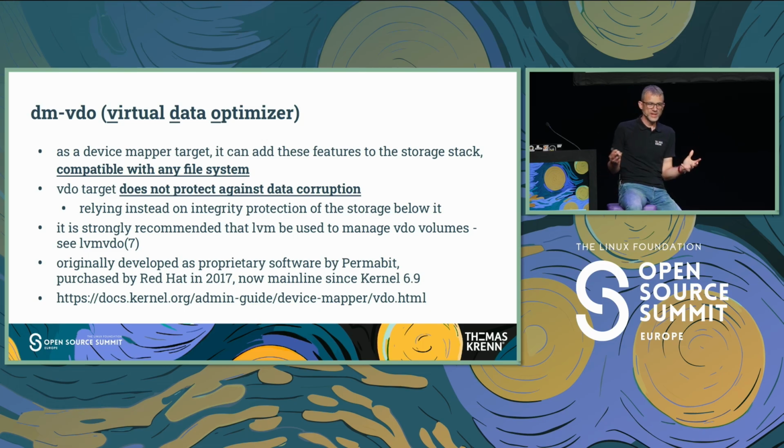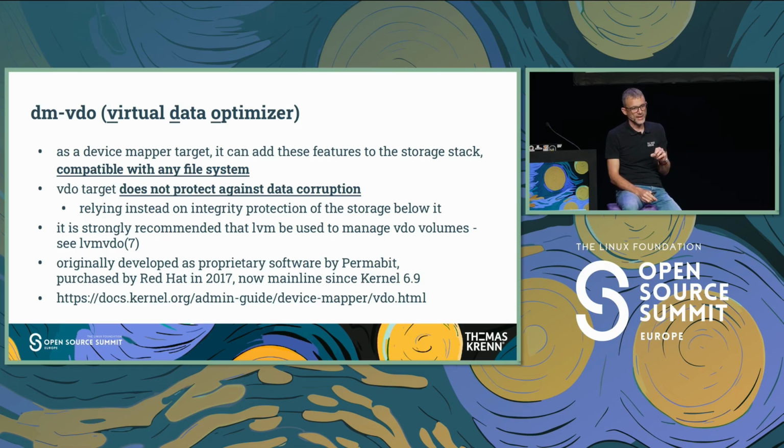And as it is a device mapper target, it can add these features compatible with any file system. We mentioned that the device mapper is in the middle of the storage stack, and it doesn't care which file system you put upon it. So it can be used very flexibly.